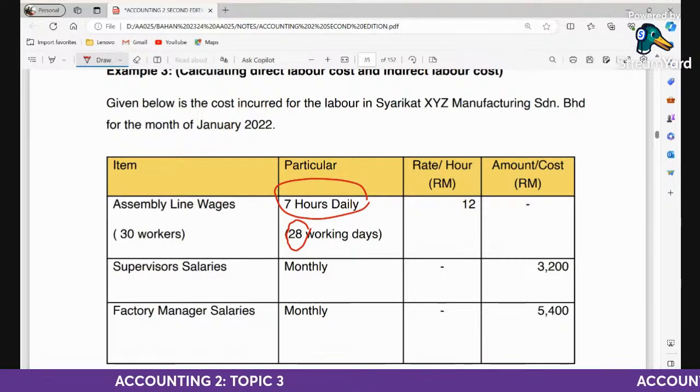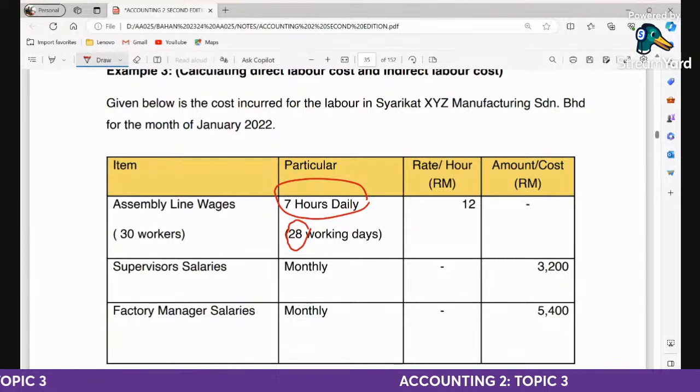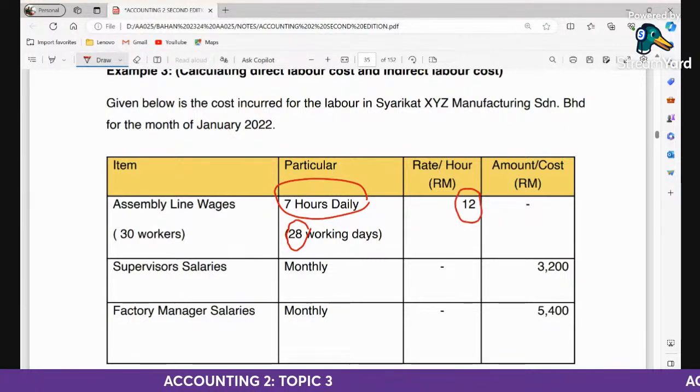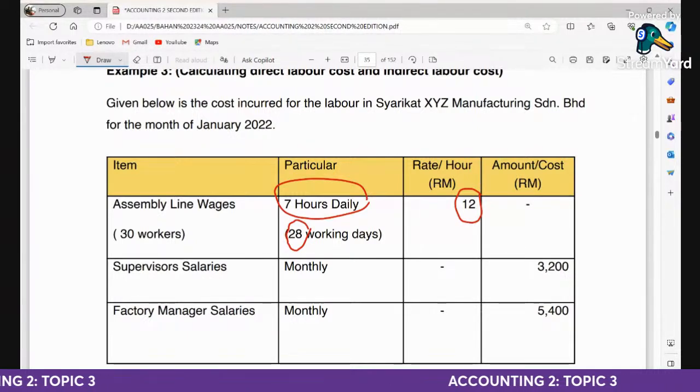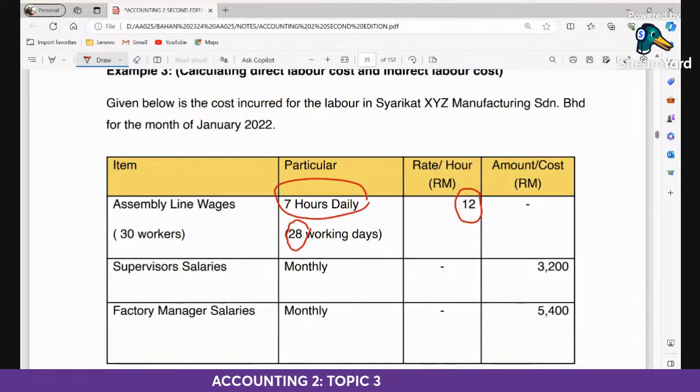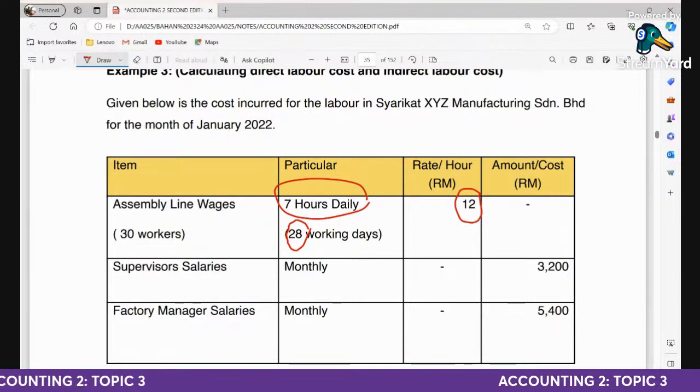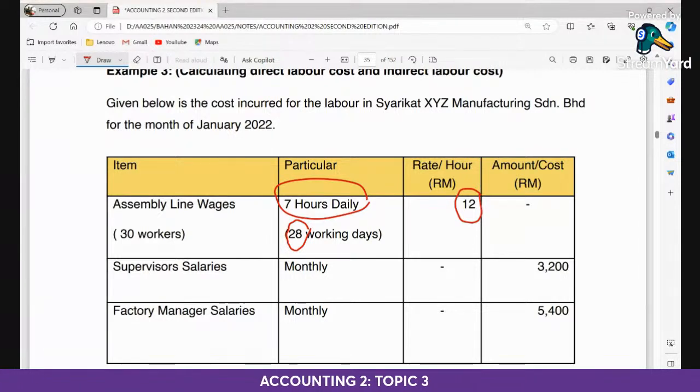So how much is the rate paid to this particular assembly line wages? Rate yang dia bagi dekat sini ialah RM12 satu jam. Kalau RM12 satu jam, saya bekerja selama 7 jam sehari, maknanya gaji harian saya lebih kurang RM84. So itu untuk assembly line wages.